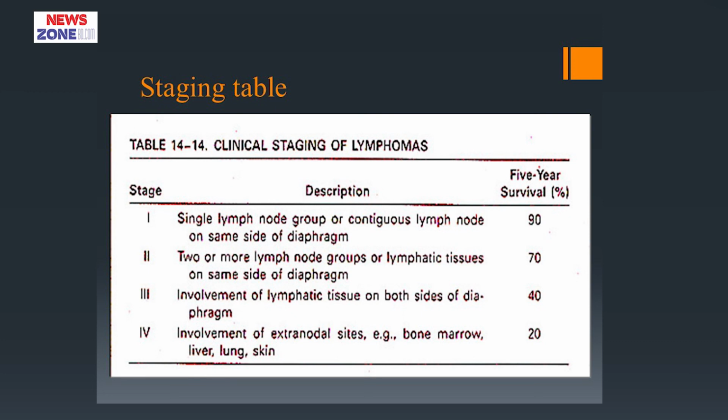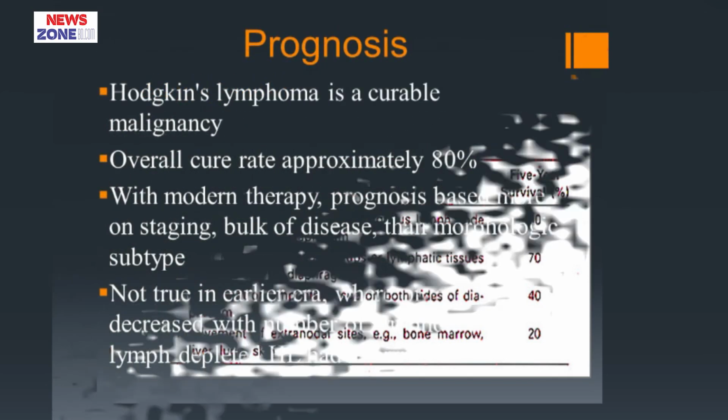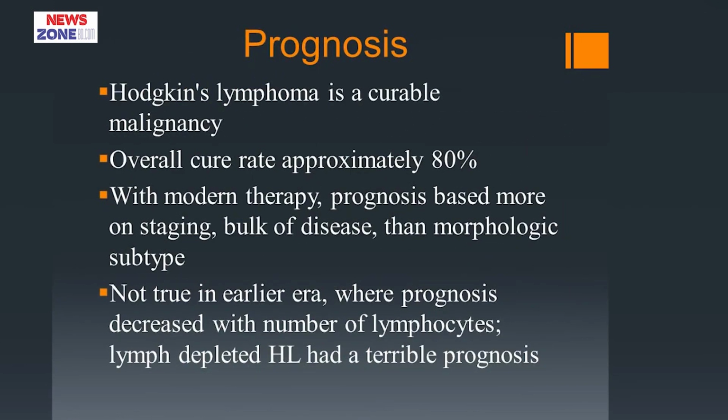In stage 3, the survivability is reduced to only 40% for 5-year survival. And in stage 4, there is only a 20% chance that the patient may survive up to 5 years. So, the important thing is early diagnosis. Ultimately, Hodgkin's lymphoma is a curable malignancy.